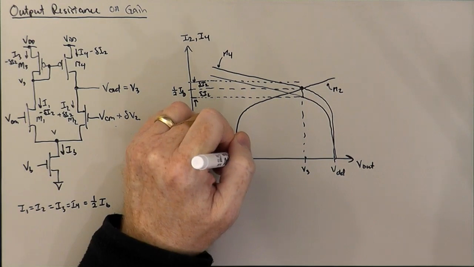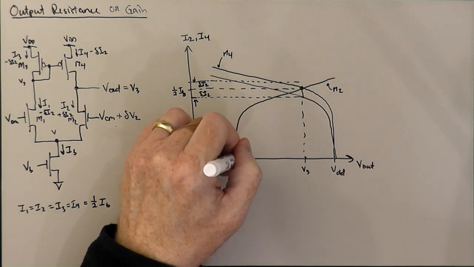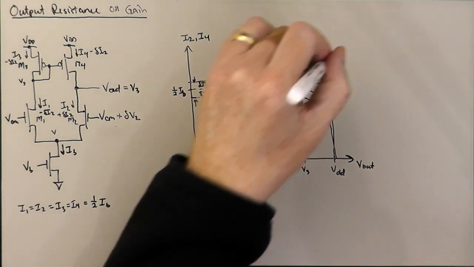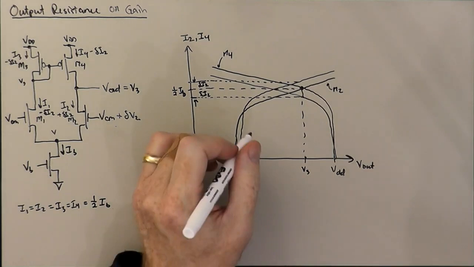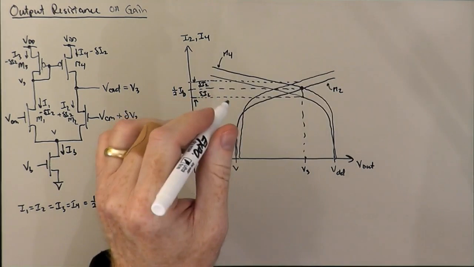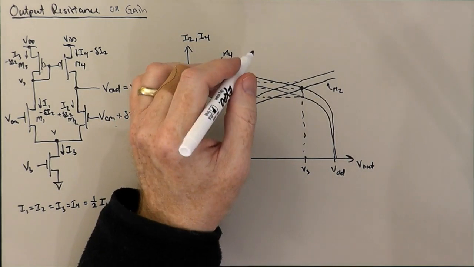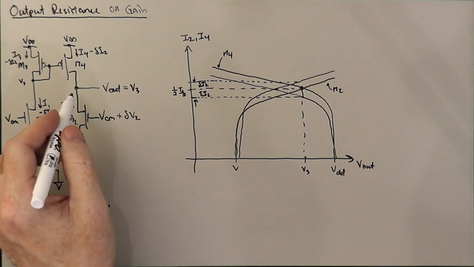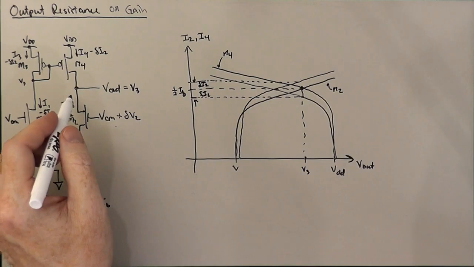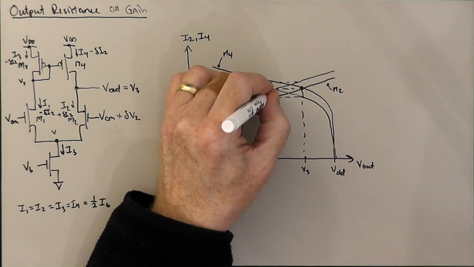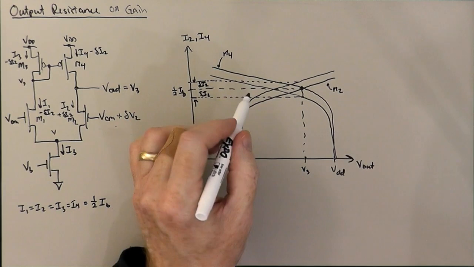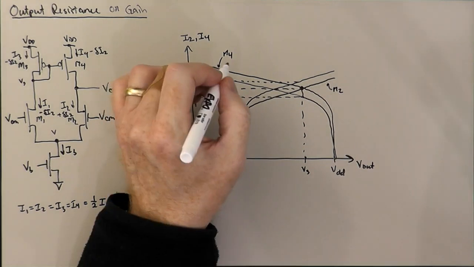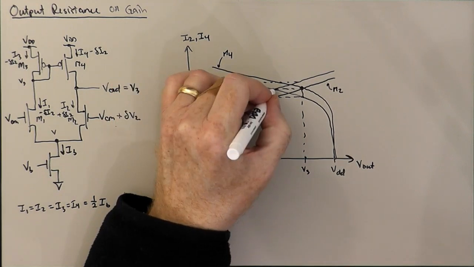So if we were taking both of those things into account, that one might look something like this. Okay, and what's going to happen is that these two currents will have to balance each other at the output. And so the new place where these two currents balance is going to be where these new drain characteristics cross each other, which is right here.